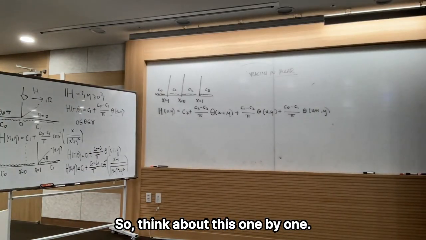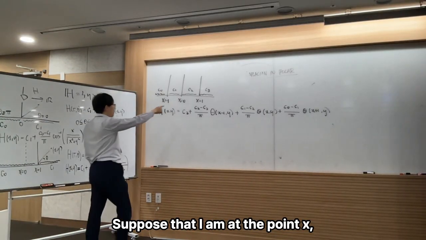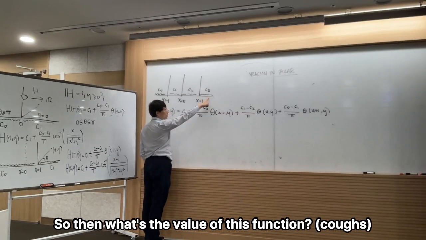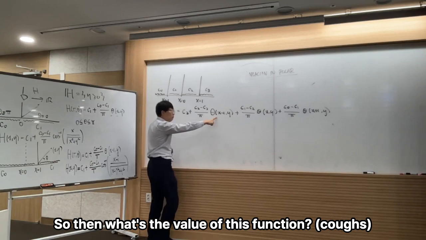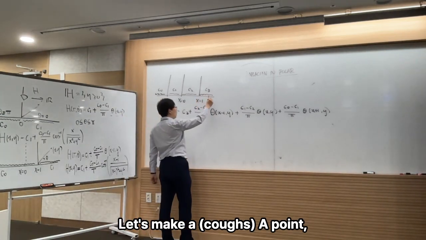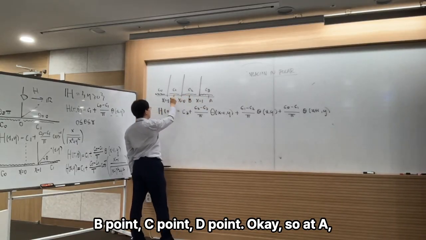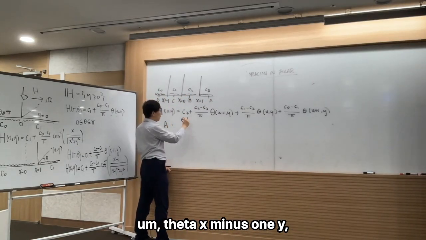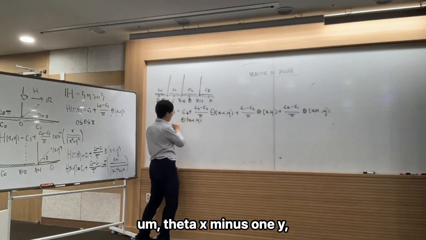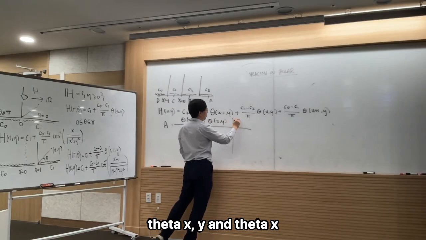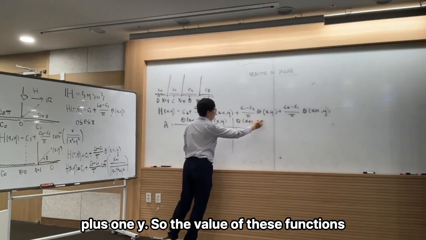So think about this one by one. Suppose that I am at the point xy lying on the rightmost boundary piece. Then what's the value of this function? Let's make a point A, point B, point C, point D. At A, let's make a table: theta x minus 1 y, theta x y, and theta x plus 1 y.